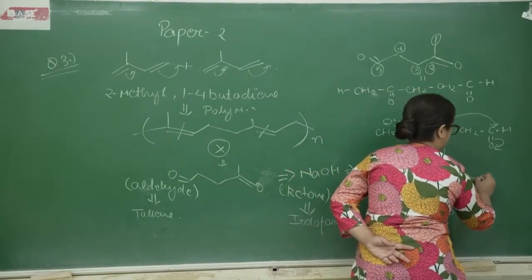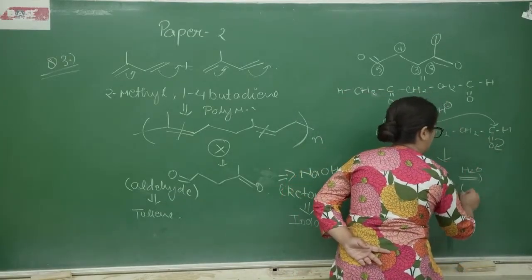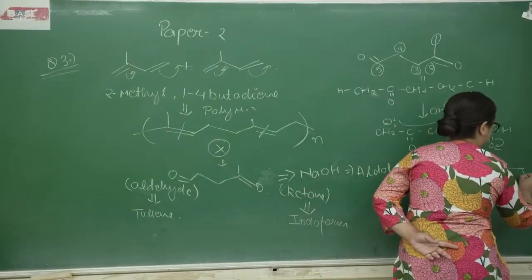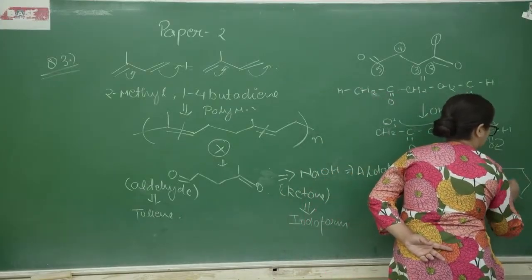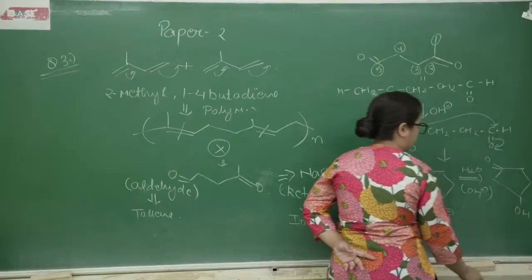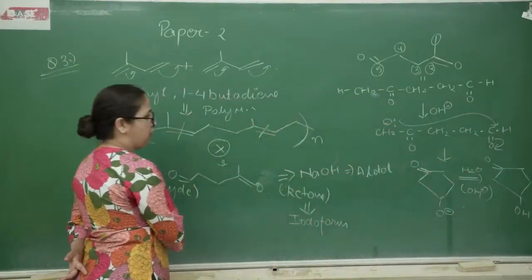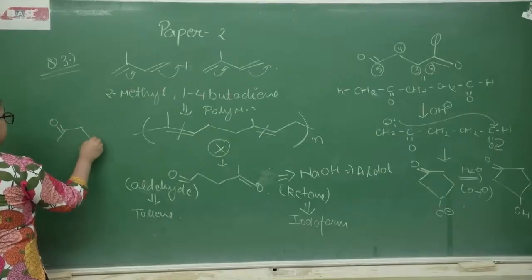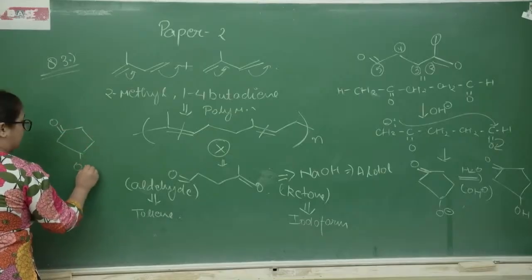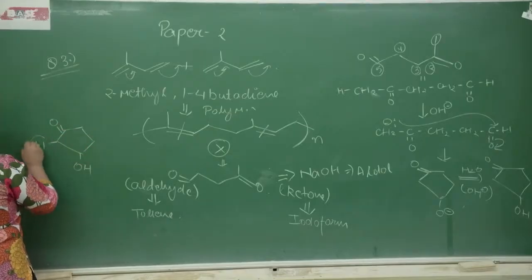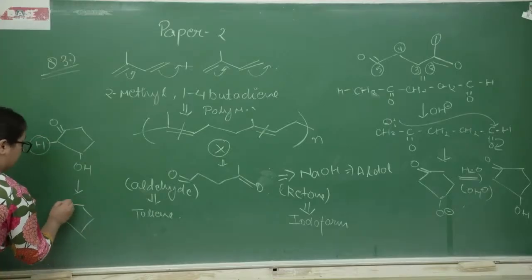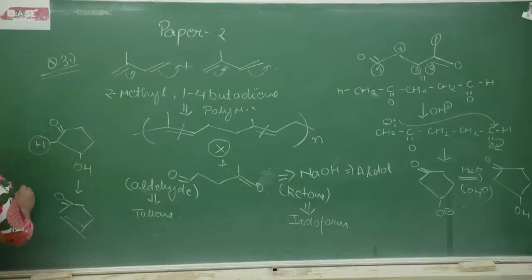Then water is provided, OH minus is removed. What are we left with? We are left with a keto hydroxy group. Now this keto hydroxy that we have formed can undergo dehydration. This alpha hydrogen will be removed and we will get a double bond. Option A is your answer.